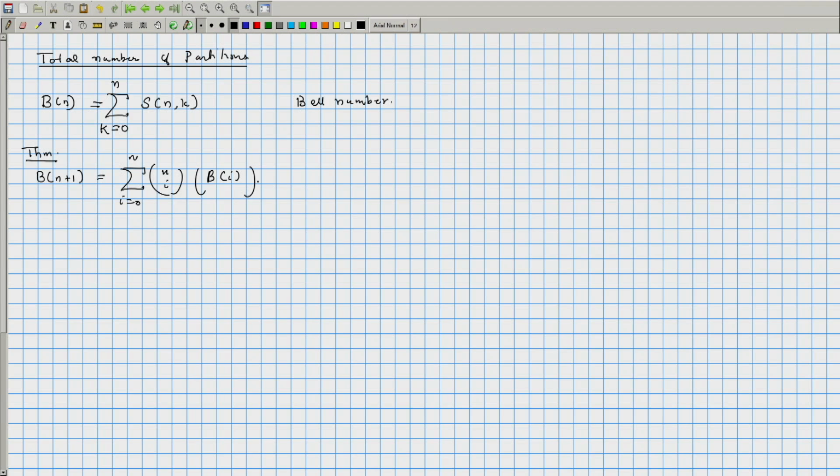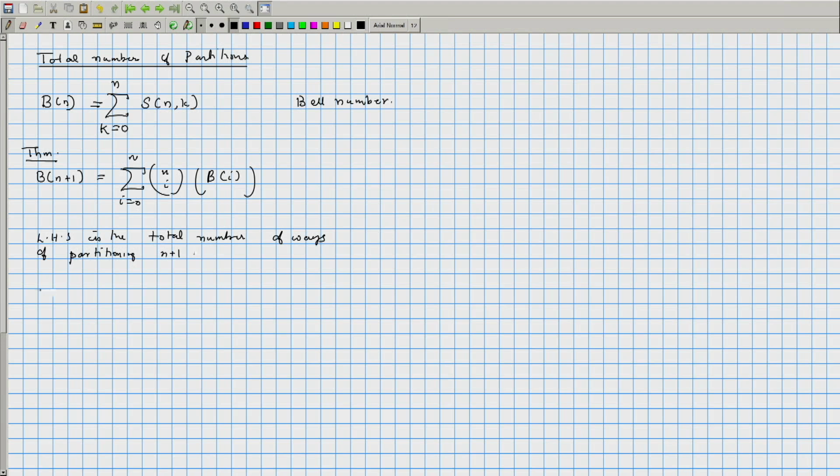Why is this true? The LHS is the total number of ways of partitioning n plus 1 elements. So, we need to look at the number of ways of partitioning n plus 1 and show that the RHS also counts exactly that.